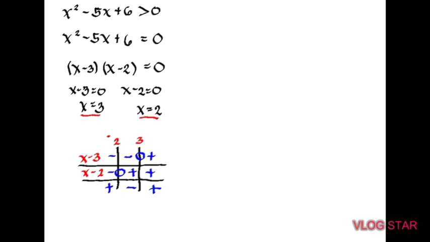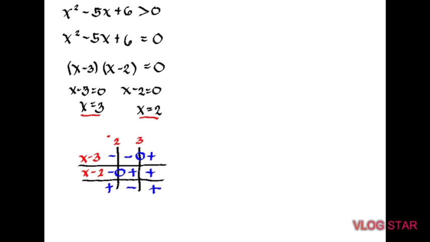Remember that if the symbols used in the given are greater than or less than, our zeros will not be shaded. But if the symbols used have a line below, which denotes an equal to, or if the symbols used are greater than or equal to and less than or equal to, these zeros will be shaded. I hope you understood that.